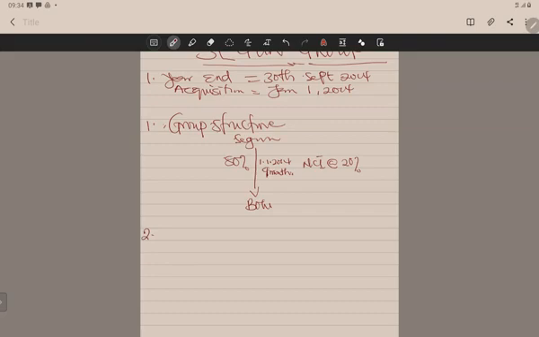Working note 2, adjusted retained earnings.